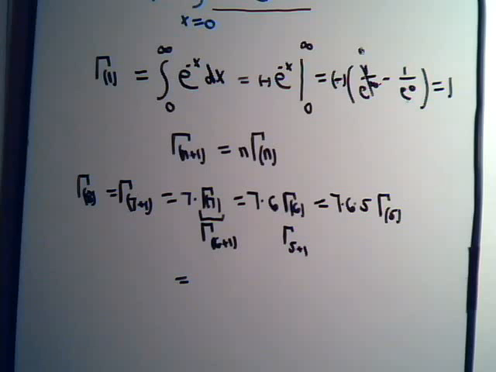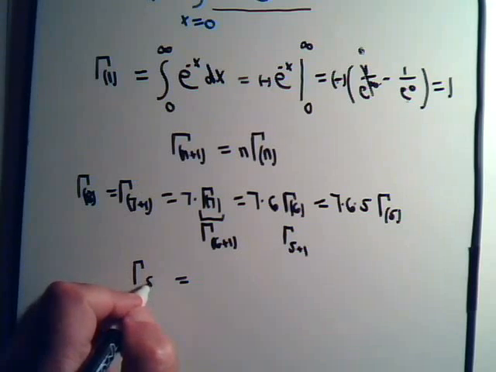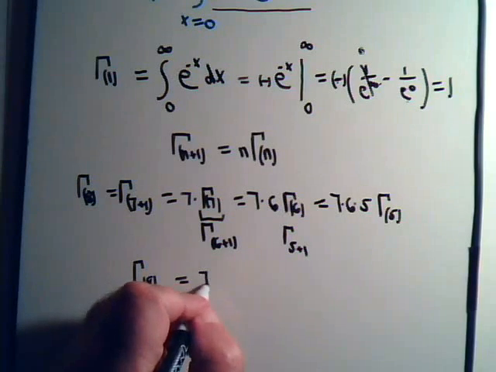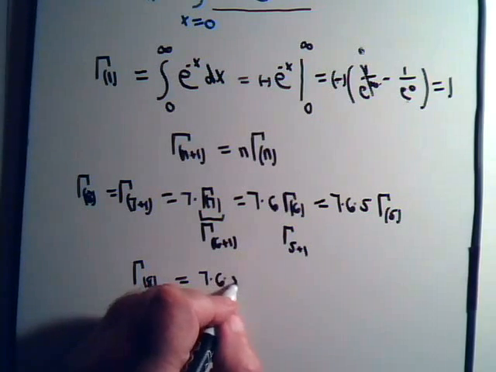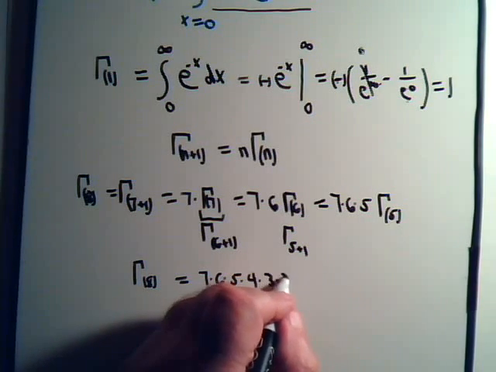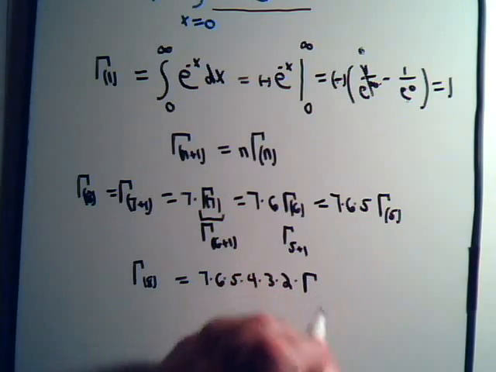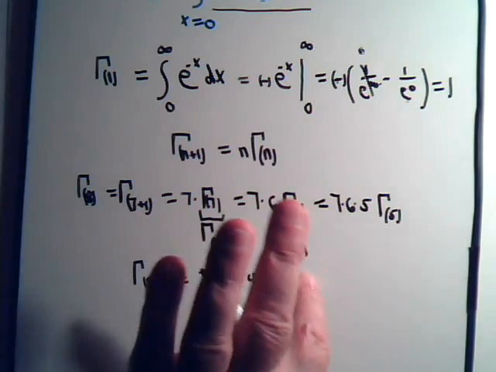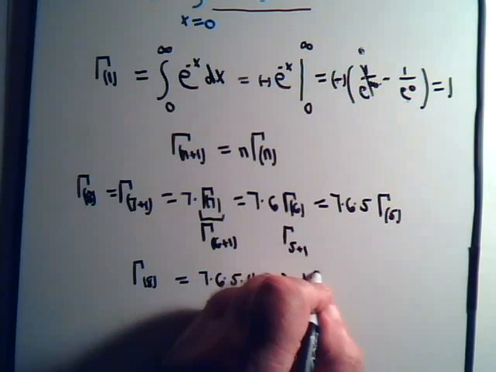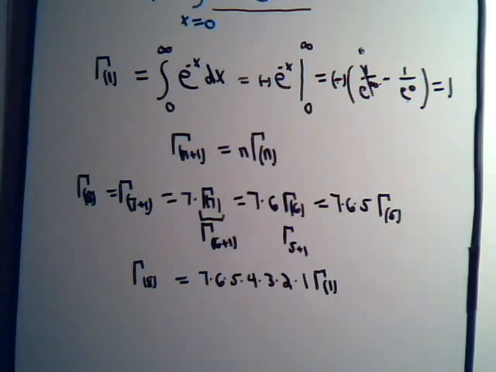That will eventually come out to be equal to, if we keep going all the way down the line, we'd say that the gamma function of 8 equals 7 times 6 times 5 times 4 times 3 times 2 times, actually we're going to have 1 times the gamma function of 1, and that is 1.